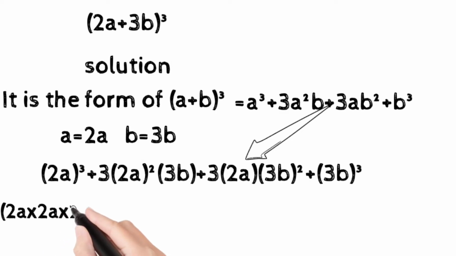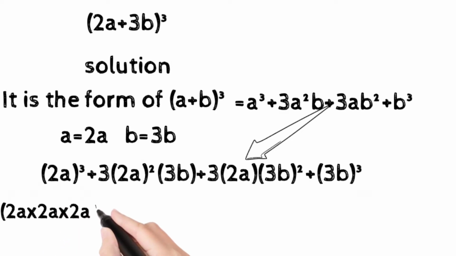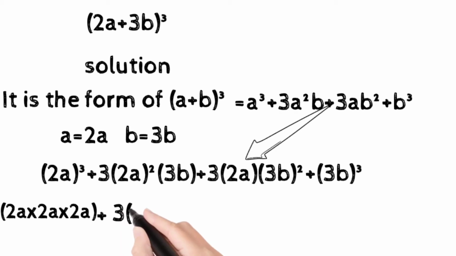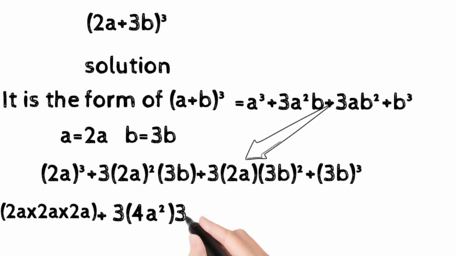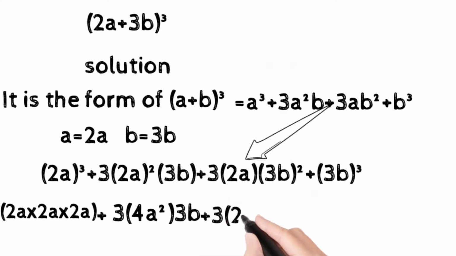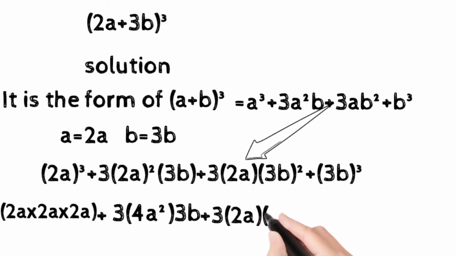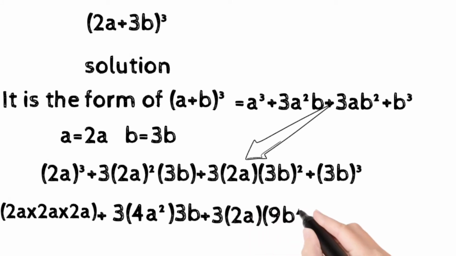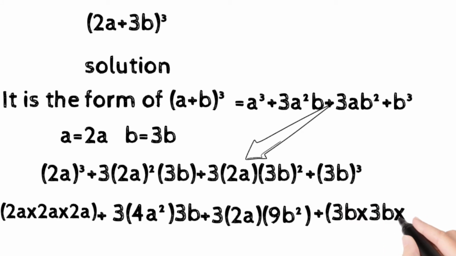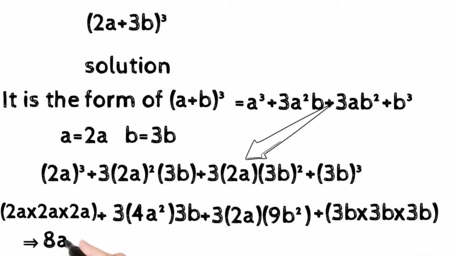So (2a) power 3 means 2a is multiplied thrice, 2a multiplied by 2a multiplied by 2a. Same as 3 times (2a) square, where 2a is multiplied twice, so it becomes 4a square, and 3b will be written as it is. Then again 3 will be written as it is, and 2a will be written as it is. We are just opening the powers first. So (3b) square becomes 9b square.